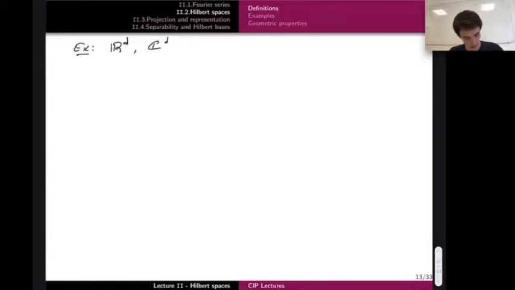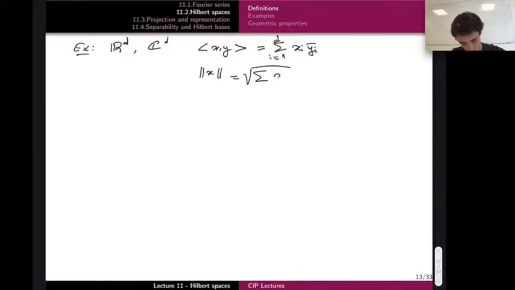Remember, what we call the Euclidean scalar product, or Hermitian, sometimes we say Hermitian when it's complex, is equal to the sum of x_i y_i bar, and the norm associated to this is the square root of the sum of the modulus squared of x_i for i equals 1 to d.